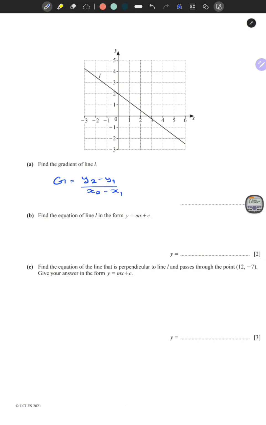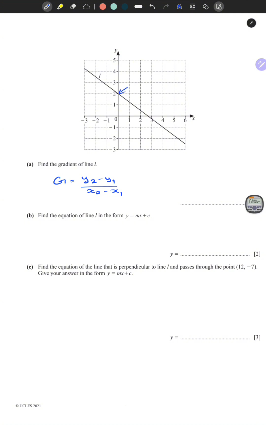Where is y1, and where is x2, and where is x1, and where is y2? I should take my points from the plane. It will be easy to take the points that are exactly on the vertices of the squares here.